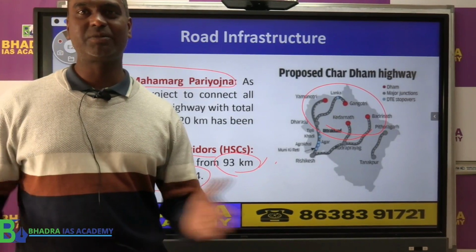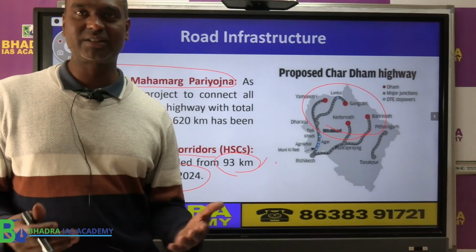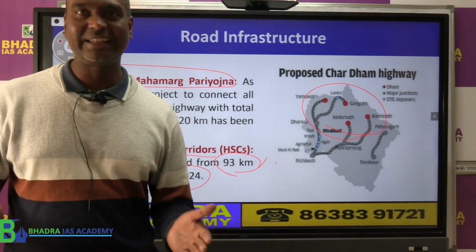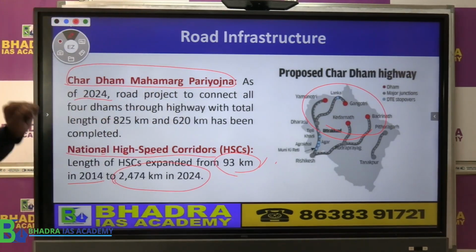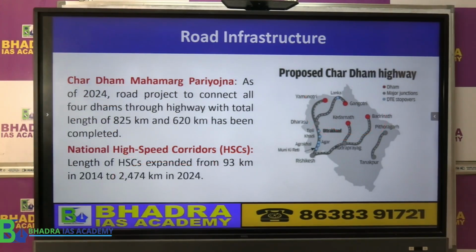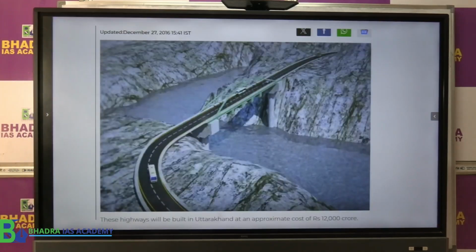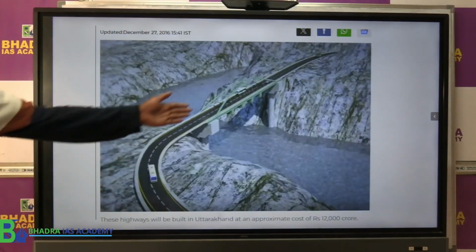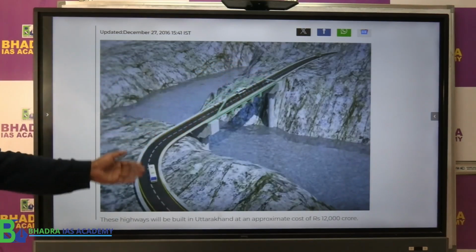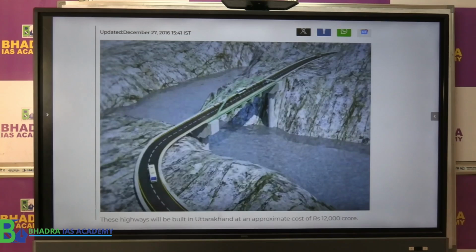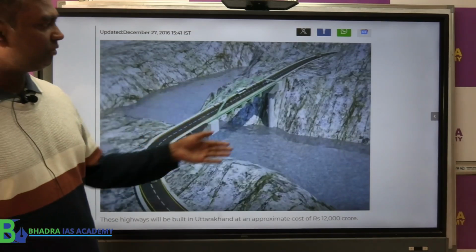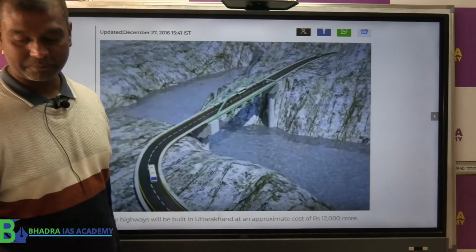A lot of high speed corridors have been constructed in the last 10 years. That's what the government is trying to highlight. Clear? So when we talk about the Char Dham project, these pictures were released at the inaugural function, showing how Char Dham connectivity will be made in the Uttarakhand area.